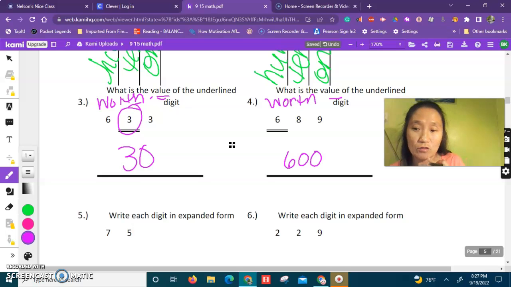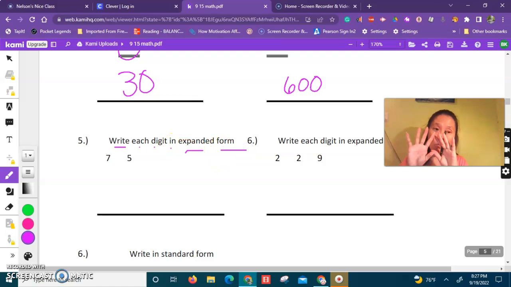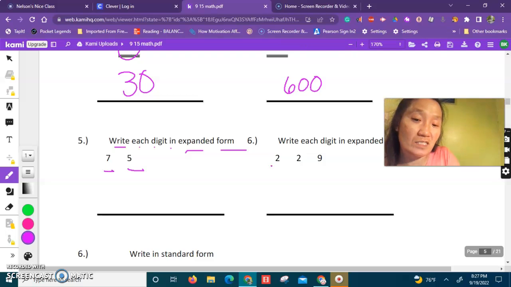Now I'm going to scroll down and write each digit in expanded form, meaning you are going to bust apart each of those digits and tell me how much they are worth. What is this 7 worth? What is this 5 worth? What is this 2 worth? What is this 9 worth?